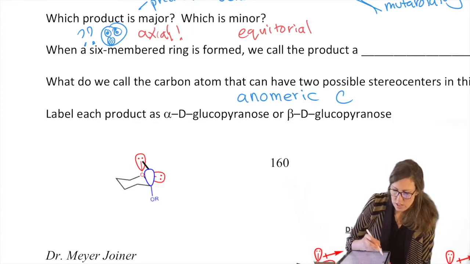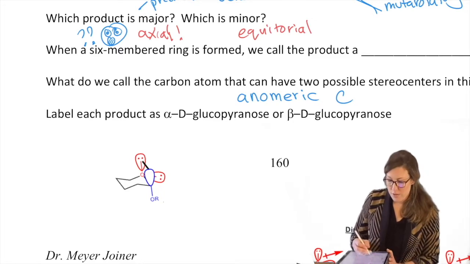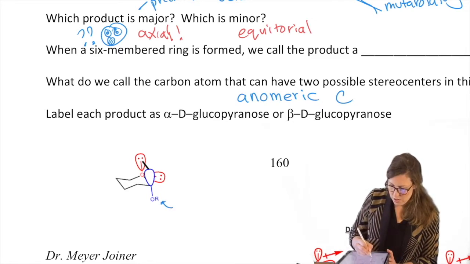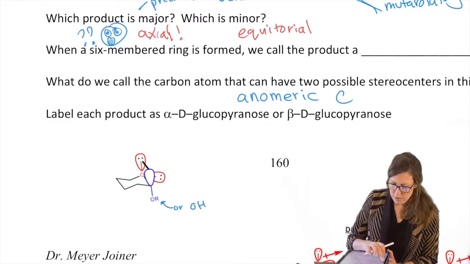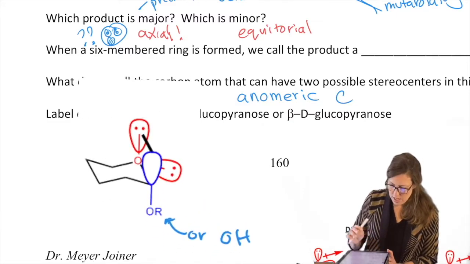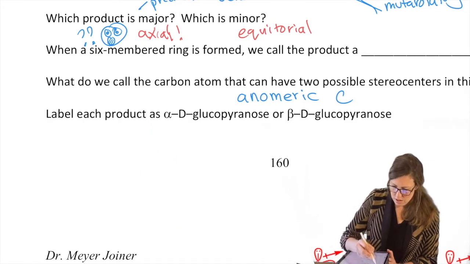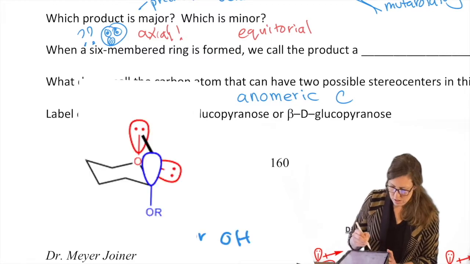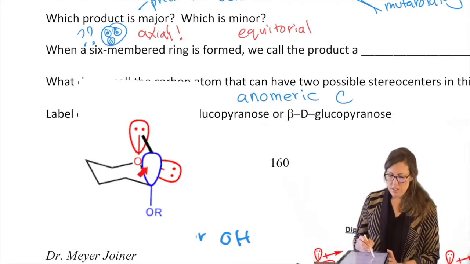So we'll soon learn that not only will we form hemiacetals, but also this is an acetal because of OR instead of OH, or OH. Okay, but notice that if we take this, let's take a minute to take a look at this.